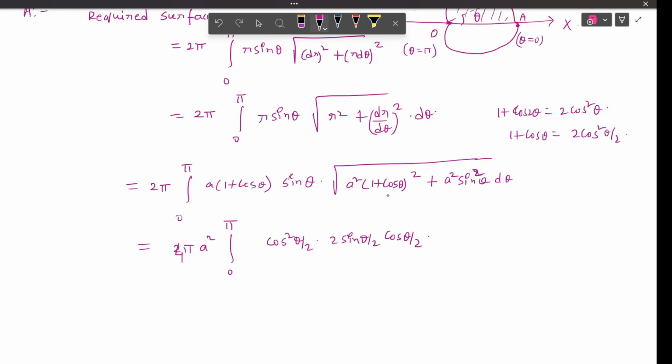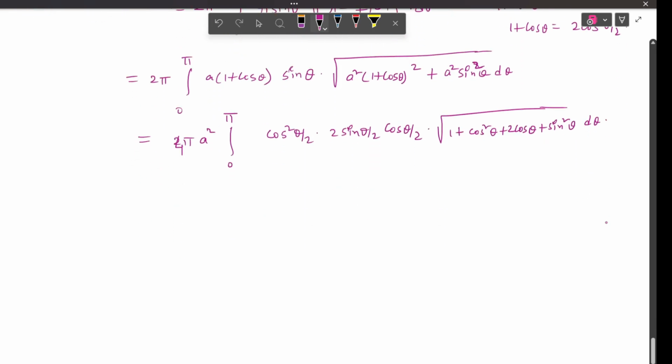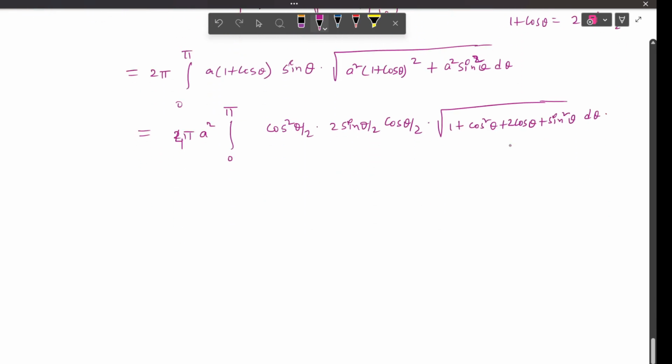Let me write it here, otherwise it will be confusing. It is 1 plus cos square theta plus 2 cos theta plus sin square theta into d theta. So sin square theta plus cos square theta is 1, 1 plus 1 is 2.